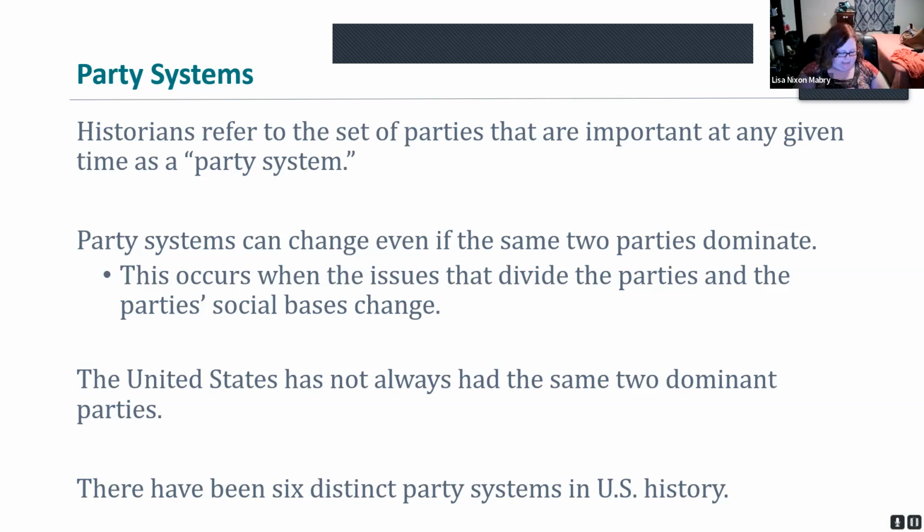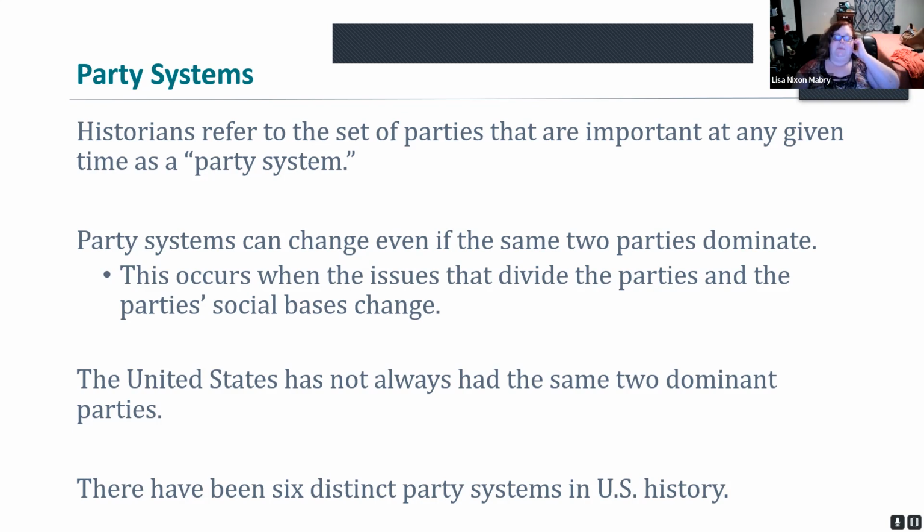So you might see some crossover with the same parties, but events in history shift the dynamics. So we have not always had the same two dominant parties. It has not always been the Democrats and Republicans. It has evolved to them, and they have been around for a hot minute.